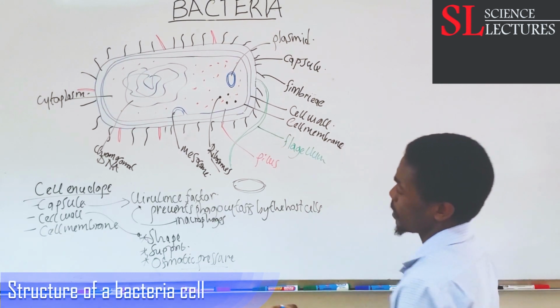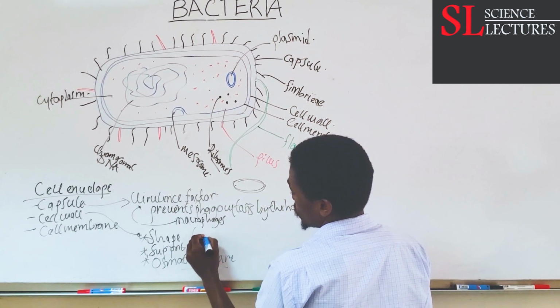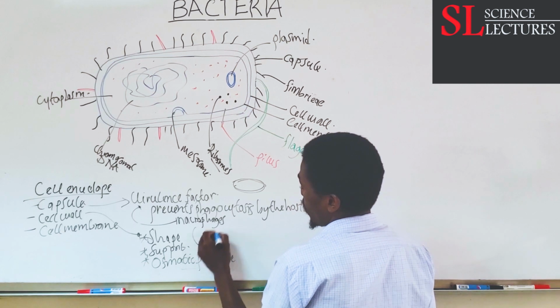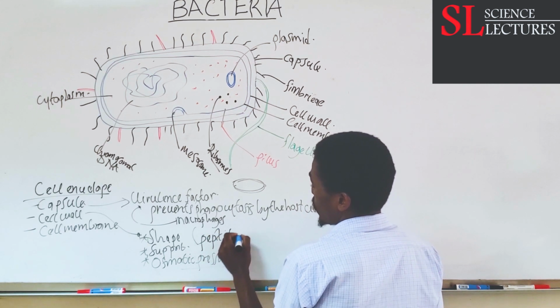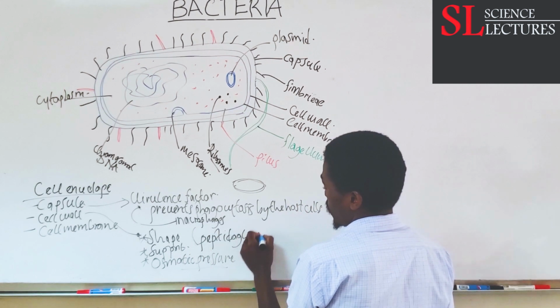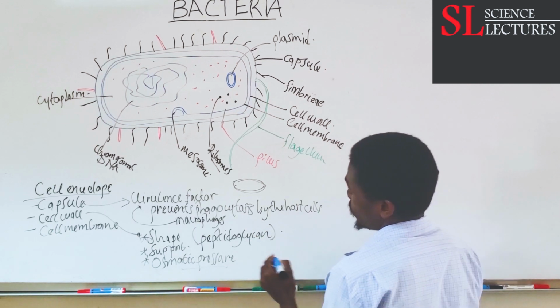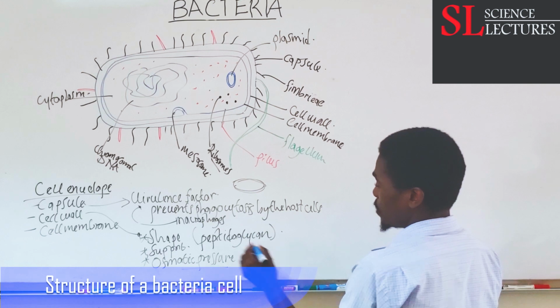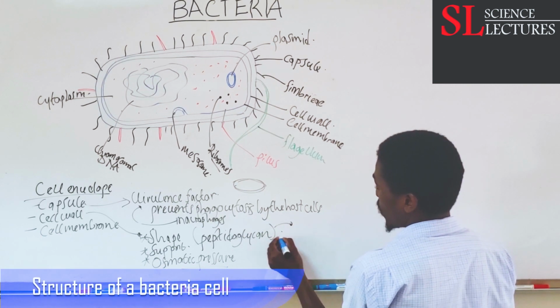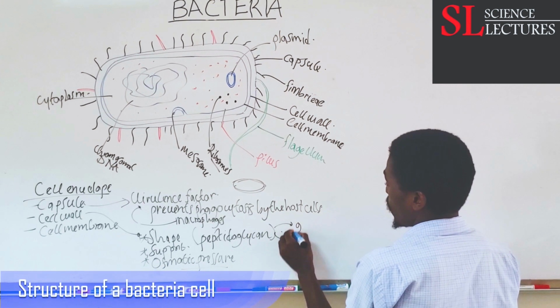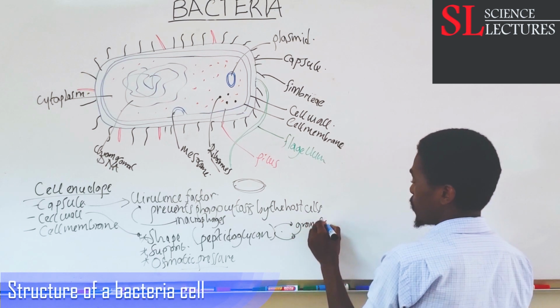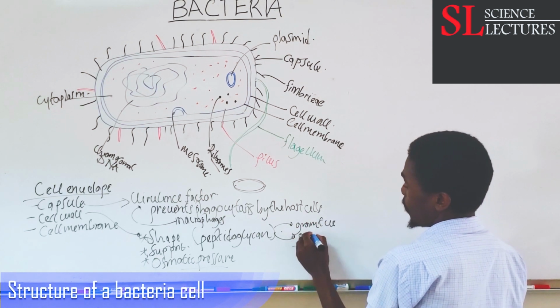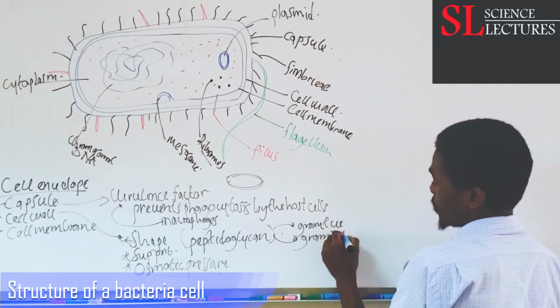However, the cell wall of bacterial cells is a peptidoglycan layer. It is made up of peptidoglycans. This cell wall can be either of a gram-positive bacteria or of a gram-negative bacteria.